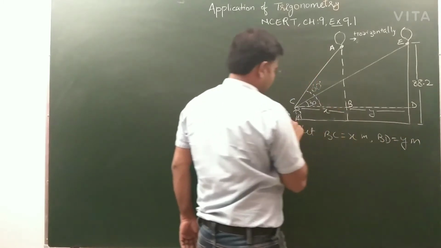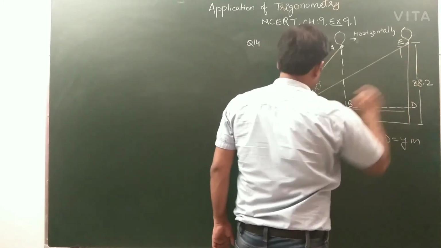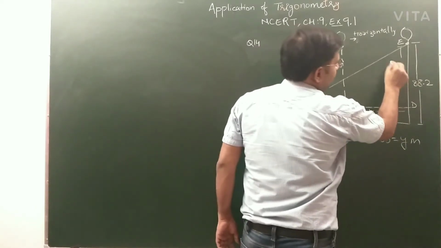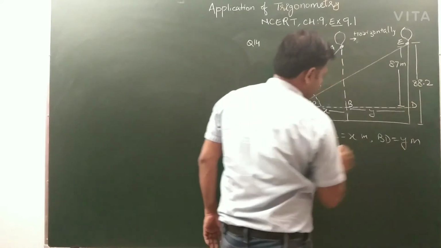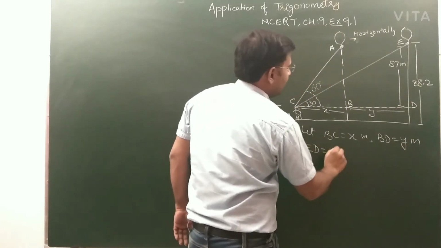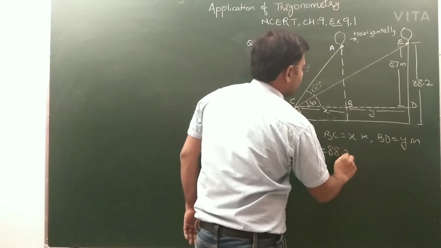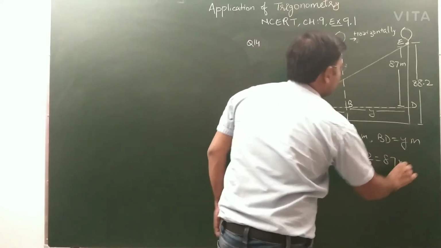So if you subtract this 1.2, this length will become 87 meter. And you can write here that ED will be 88.2 minus 1.2, which is 87 meter.